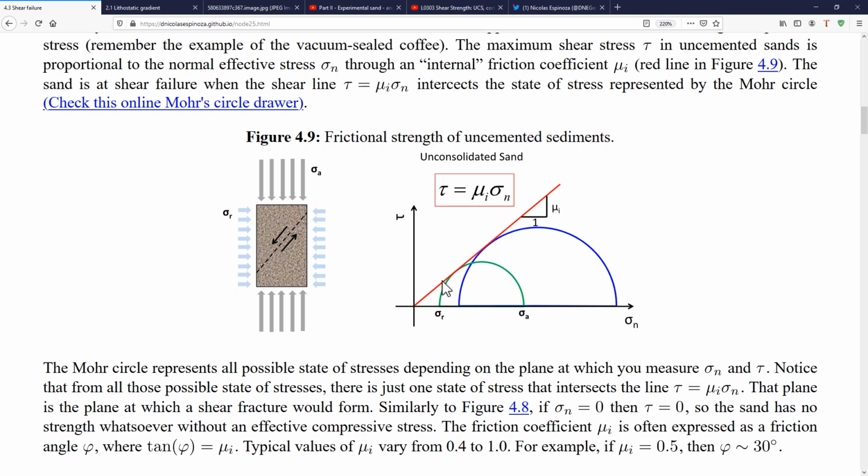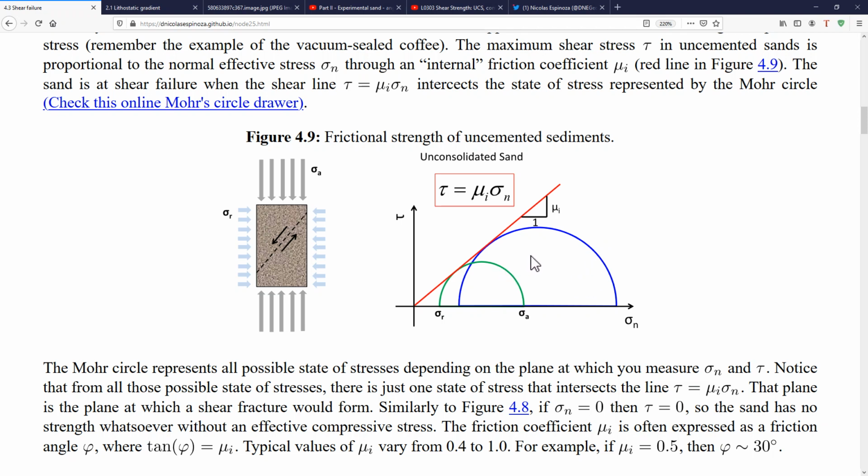For example, if I go from the green to the blue, you can see that the blue circle now has a higher initial radial stress, and because of that, is going to be able to resist a higher axial stress. And both of those are going to be limited by the same equation, which is this shear yield line.